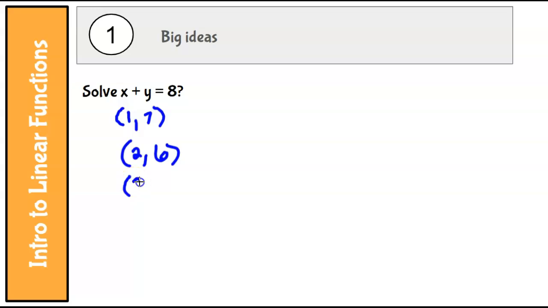Maybe x is 3 and y is 5. Maybe x is 2.5 and y is 5.5. You could even go to negative solutions and 0 as a solution. This equation has infinitely many possibilities of solutions that will equal 8.